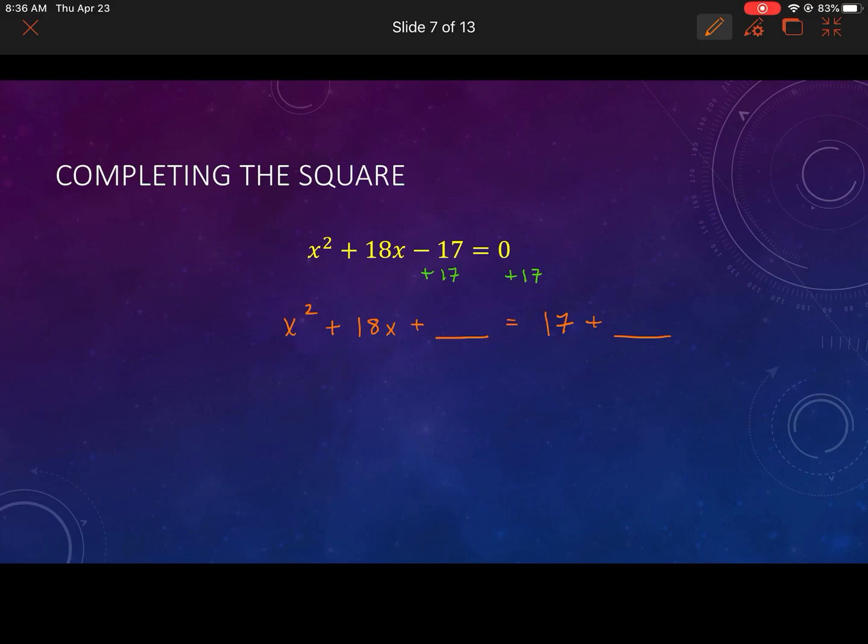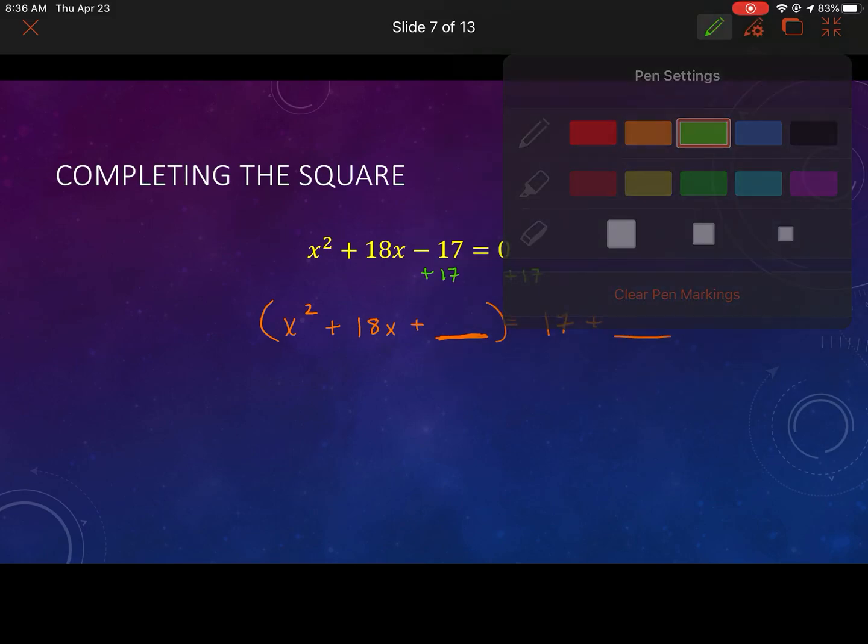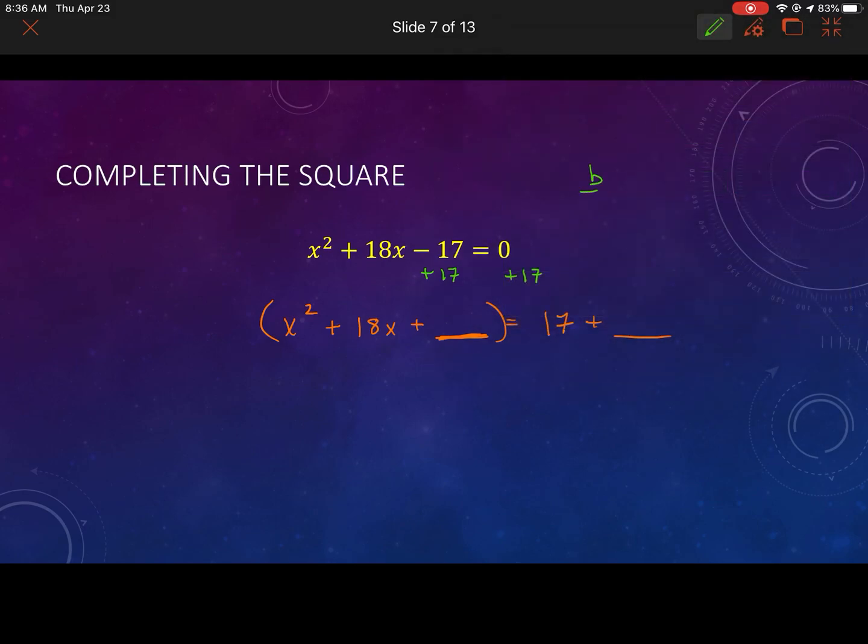So I have the structure of the perfect square trinomial on the left. All I'm missing is this mystery perfect square that I need to add. So we're going to use the b over 2 squared expression.